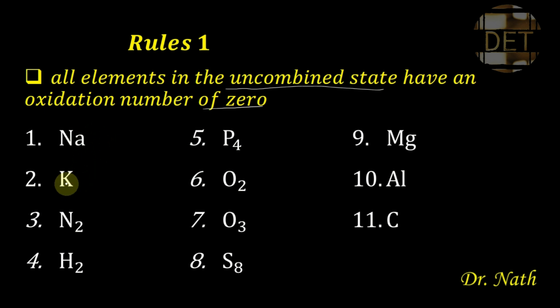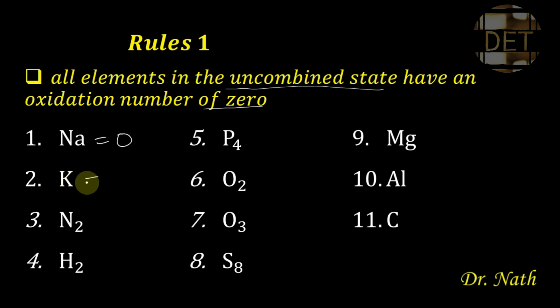These are different elements in the uncombined state: sodium, potassium, nitrogen, hydrogen, phosphorus, oxygen, ozone, sulfur, magnesium, aluminum, carbon. If we're asked to calculate their oxidation number, it is 0 because they exist in the uncombined state. Sodium is uncombined, it's just an element, so the oxidation number is 0.